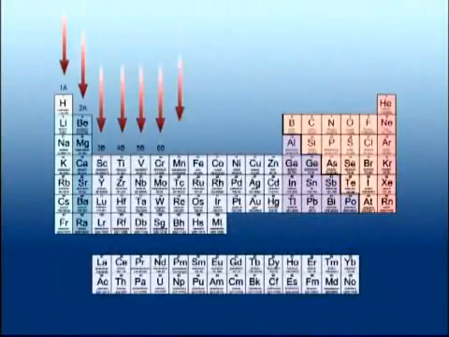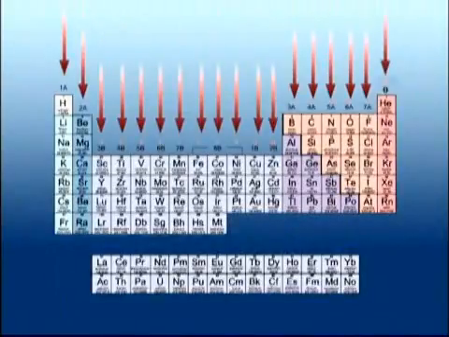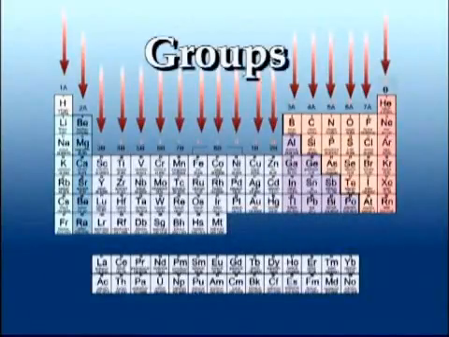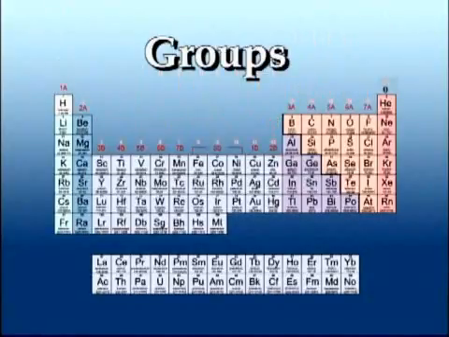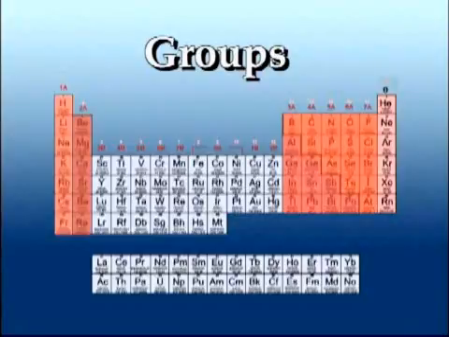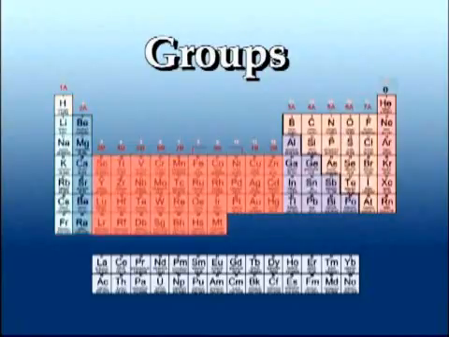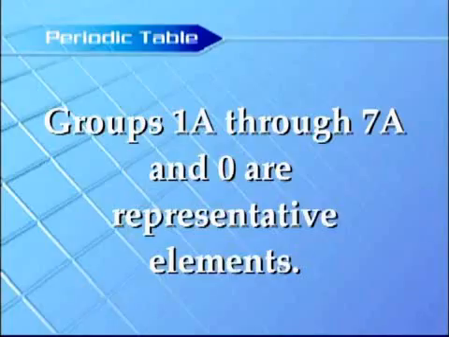The periodic table is also classified by the 18 vertical columns, which are called groups or families. Most periodic tables show two sets of numbers for the groups. Columns 1, 2, and 13 through 17 are also numbered 1 through 7a, while groups 3 through 12 are numbered 1 through 8b.